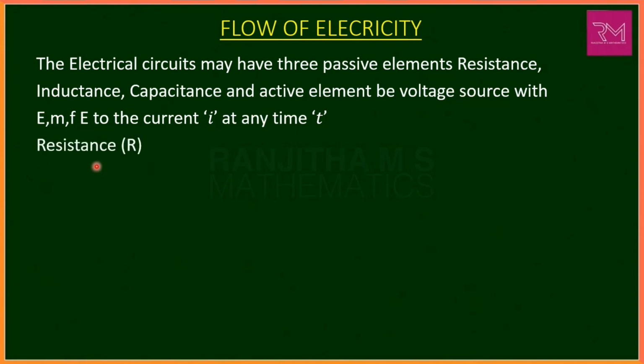Here resistance is denoted by the symbol R, the diagram of a resistance is like this, and its unit is ohms.